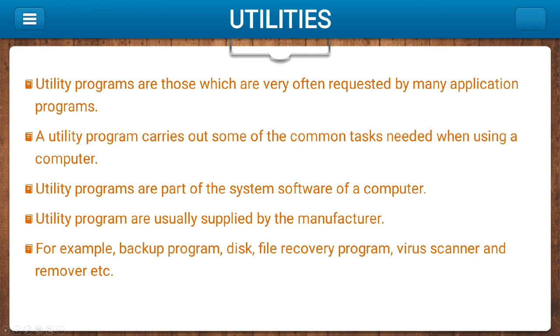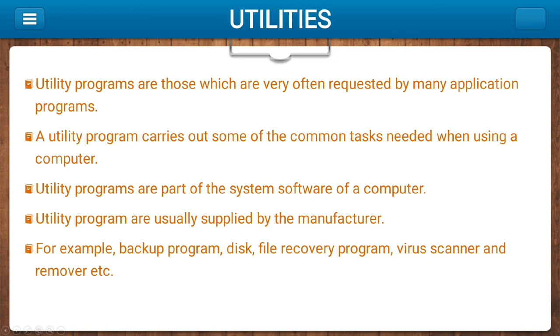But it is made up of different types of system software and also application software inbuilt in it. One such system software that is a part of the operating system is the utility programs, which are inbuilt along with the operating system.